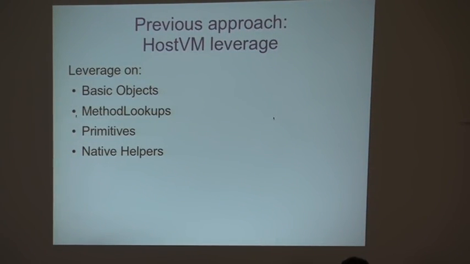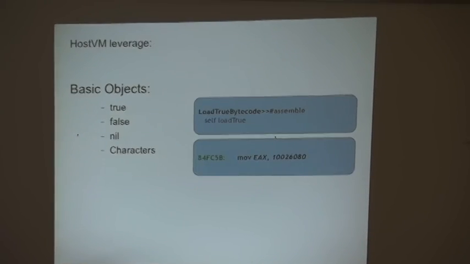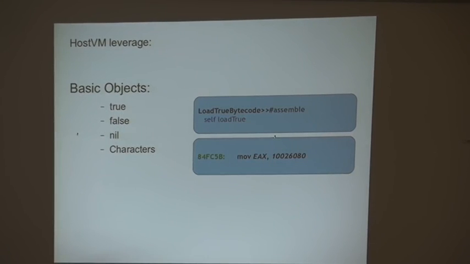Okay. So to build our VM, we use a leverage from some host VM. So we leverage on basic object, method lookup, primitives, and native helpers. For basic object like true, false, nil, and character, this is a small piece of code from the JITter.